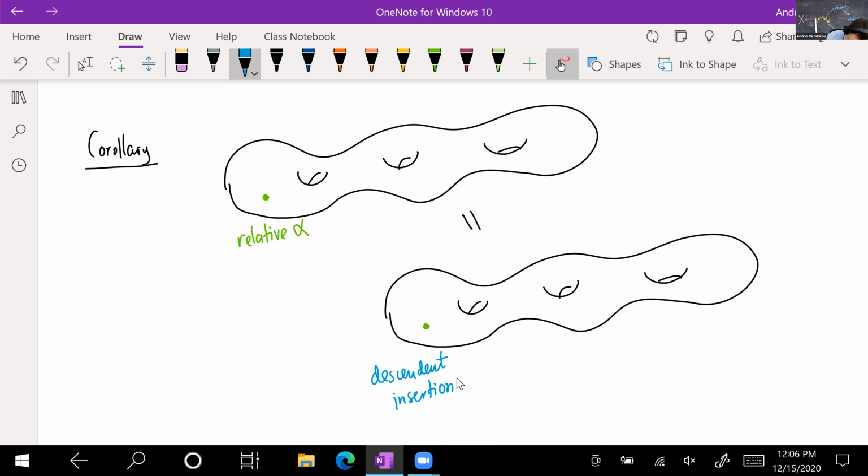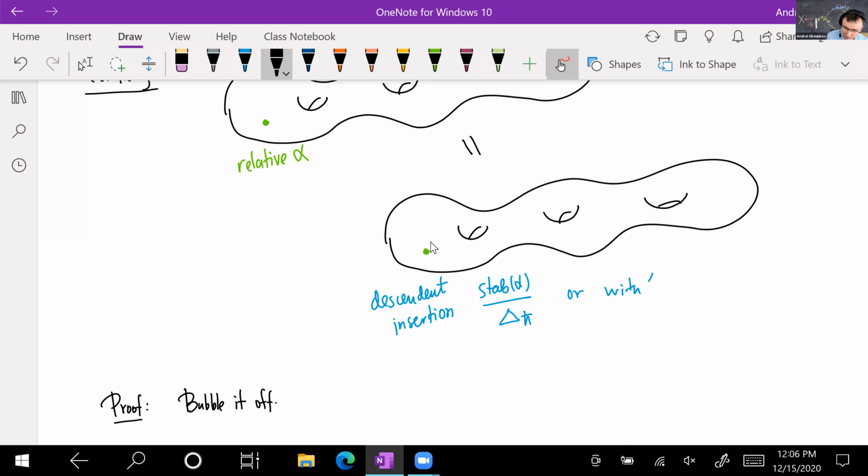The proof is just, as usual, to bubble it off. If I have a point, I can take that point and bubble it off. So that would be whatever I had before.